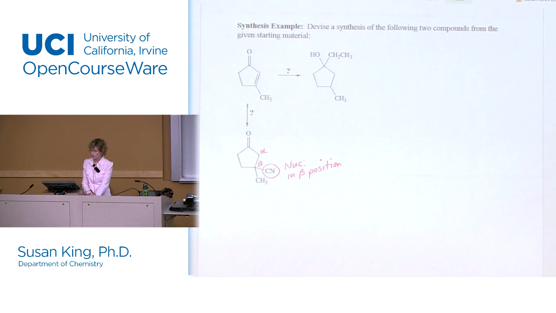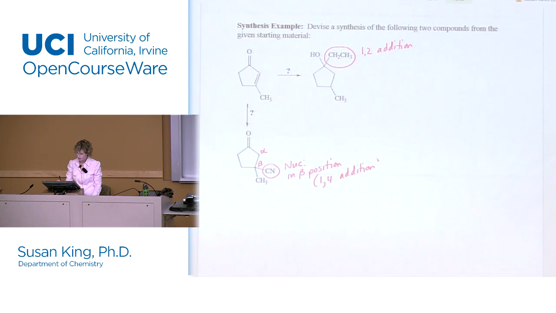So you want to pick out the nucleophile here. Over here, our nucleophile is actually on the carbonyl. So this is the 1,2 product, 1,2 addition. This is 1,4 addition.